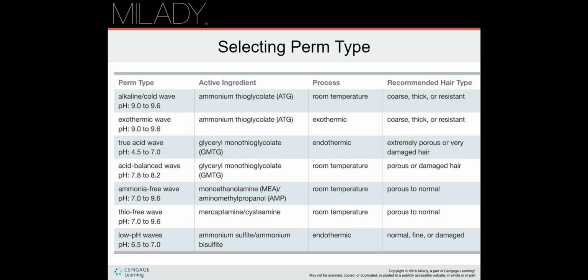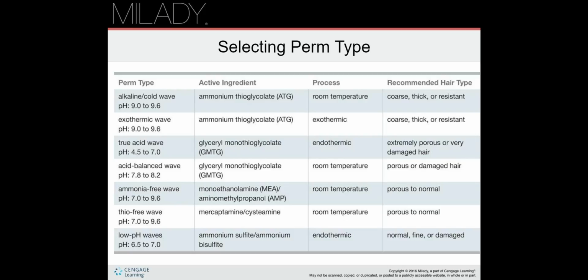But anyways, where it says extremely porous or very damaged hair, this is hair that is porous usually due to coloring or bleaching, but I don't recommend perming hair that's been bleached.